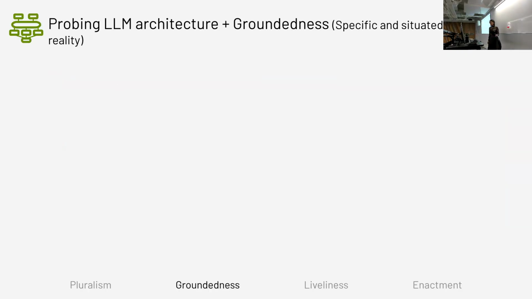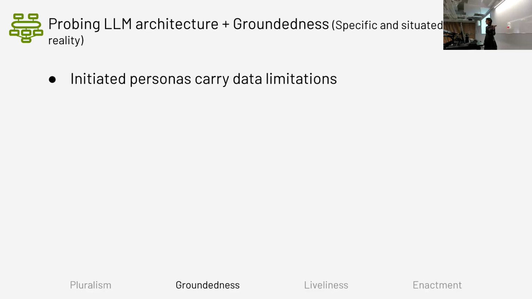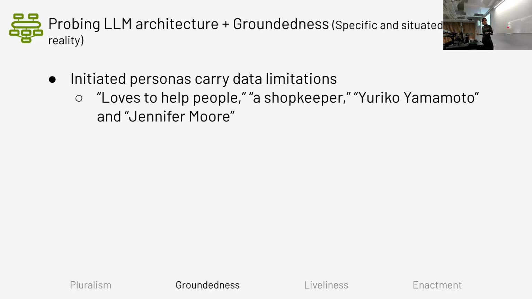Okay, looking at groundedness in the context of the architecture of the LLM agent, on the other hand, we see that to depict the identity of each agent, the developers draft a one paragraph natural language description of what each agent does. It includes things like their name, their occupation, and personality traits, such as loves to help people, a shopkeeper, Yuriko Yamamoto, and Jennifer Moore.